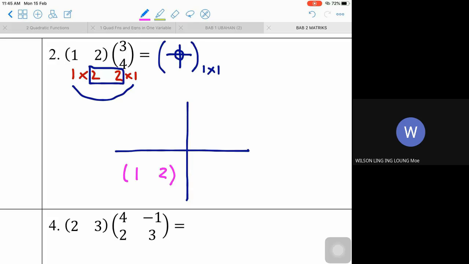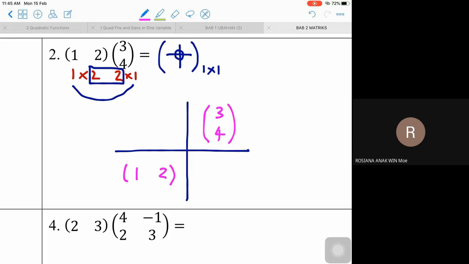And then for the second matrix, we put it where? Rosiana. First quadrant. Yes, 3, 4. So you need to follow the order of the 3, 4. Because sometimes the student gives the 3, 4 in a column, but after that they write it into a row. I mean, they give 3, 4 like this.